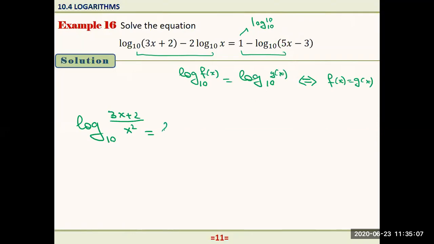So here we have the logarithm with base 10 of 10 over (5x minus 3). Bases are equal, right? So here we have (3x plus 2) over x squared.